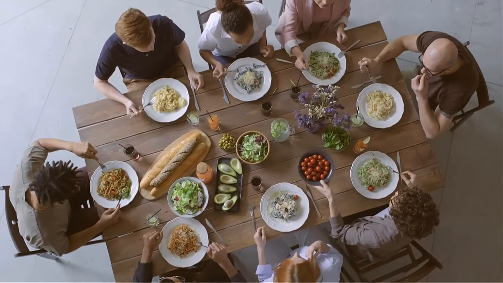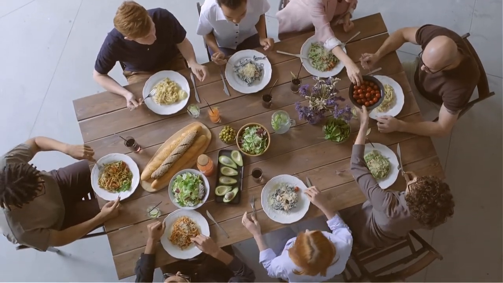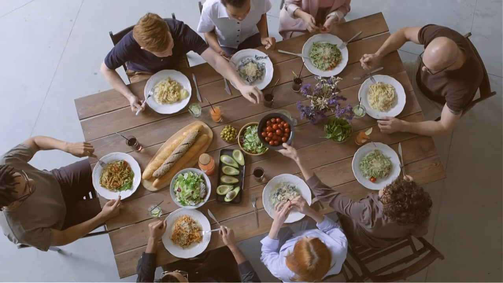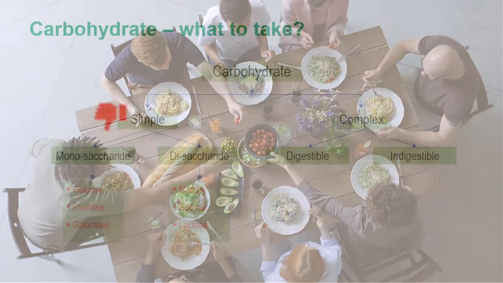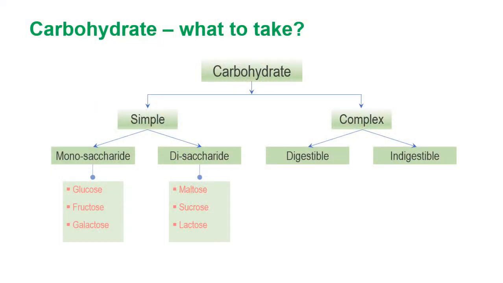With so many different types of carbohydrate, you could be wondering what types you should eat. The first thing you should try to do is avoid simple carbohydrate as much as possible. Good news here is that most sources of carbohydrates like grains, legumes and vegetables in their natural state contain a small amount or no simple carbohydrates.